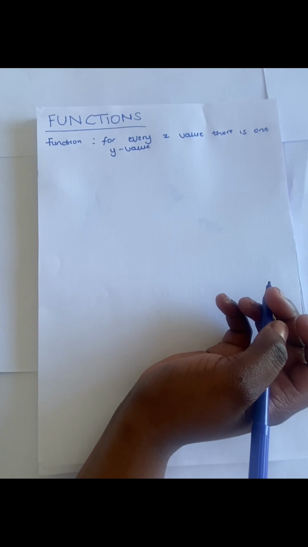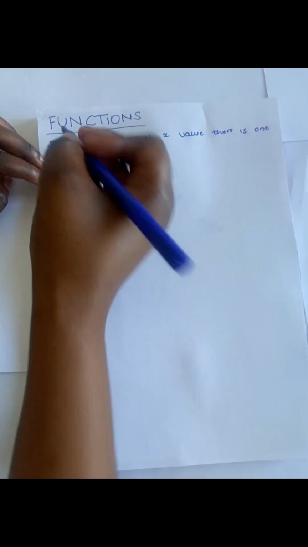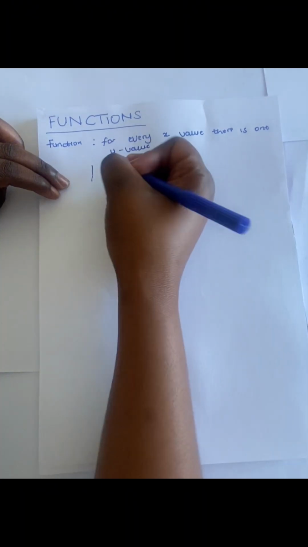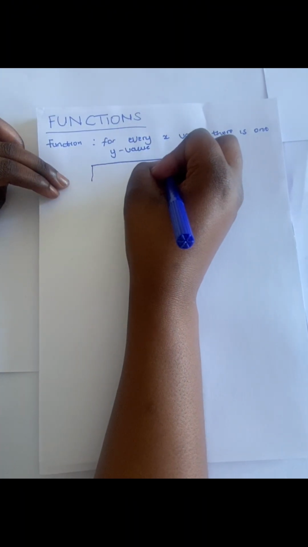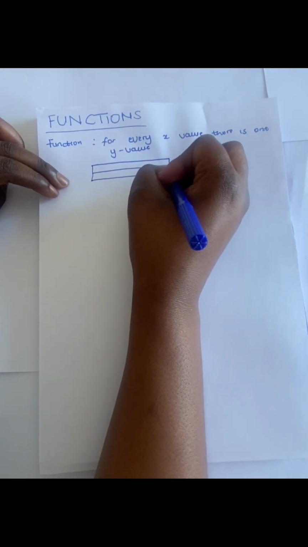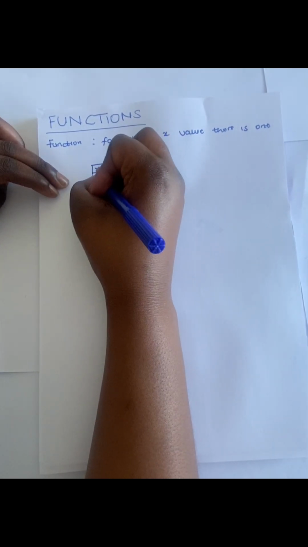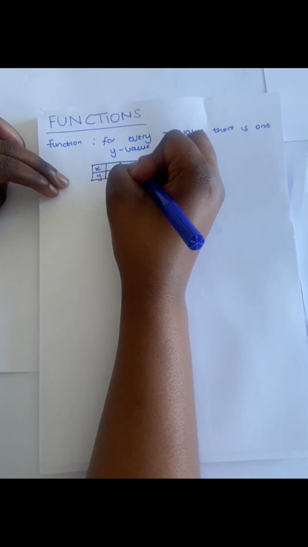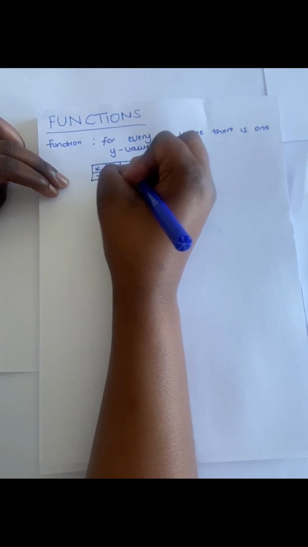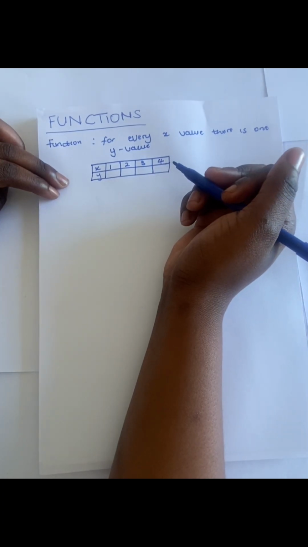Okay, I'm sure you can remember that from the lower grades, grade 8, grade 9, where we used to illustrate functions in the form of a table like this. We have your x on top and your y on bottom, which is 1, 2, 3, 4 would be your x values.